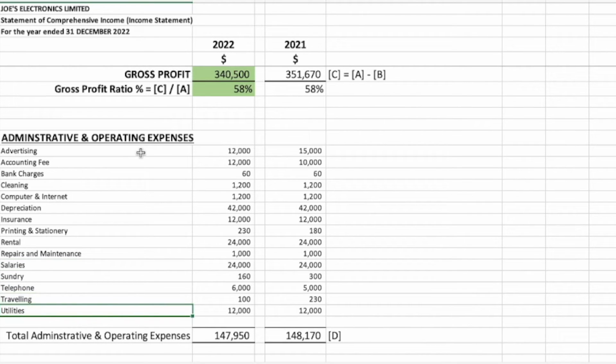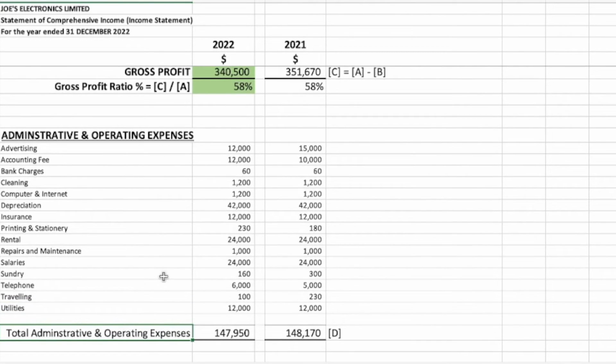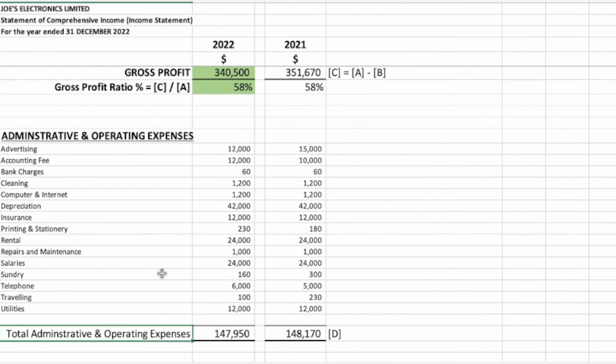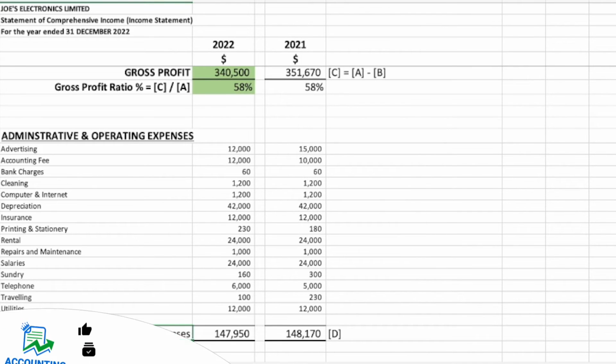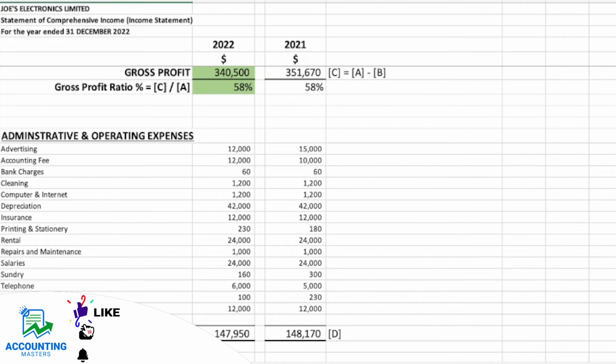So these are all expenses that help the company generate revenue, but do not directly generate the revenue, whereas the cost of goods sold does. But without these operating expenses, the company cannot function and generate this revenue. These are just some examples of operating expenses. Depending on the company and which sector they're in, there are different kinds of operating expenses, but these are just the most commonly used ones.